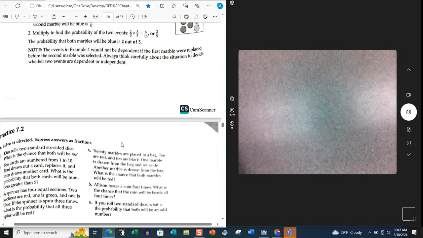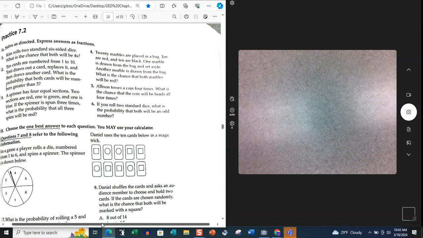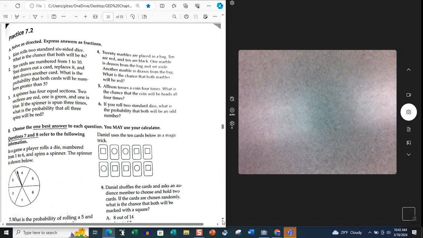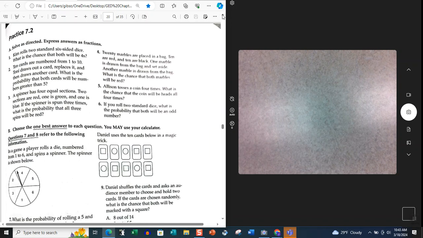So let's scroll down here. Now it says, solve as directed. Express answers as fractions. Problem number 1. Kim rolls 2 standard 6-sided dice. What is the chance that both would be 4? Okay, so both of them are 6-sided dice.